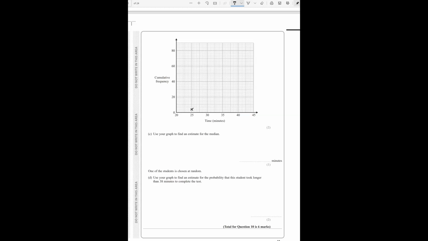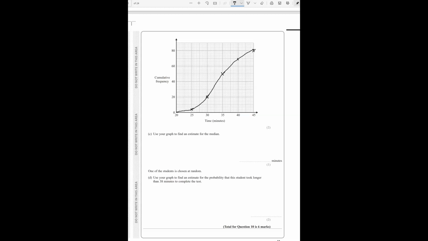So then I've got 30, oh that's handy, 30 and 20, 35, 50, 40 is 68, that's going to be one little square down, and 80. And then we can do it from 0, 20. Nice smooth curve, and it is meant to be a curve, not dot to dot.